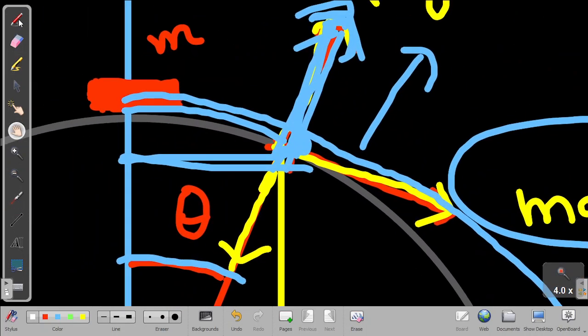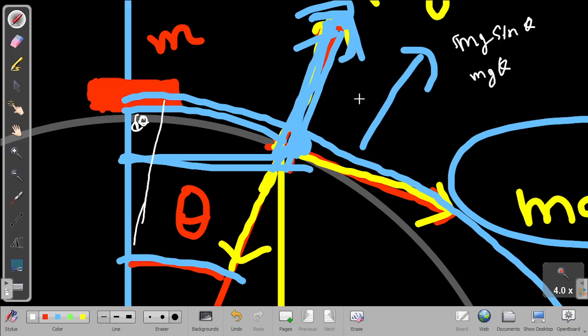When you give just a small d theta, the torque is mg sin theta, but theta is very small, so mg theta. The time you need to go this small distance will be very much larger than the time you need to go this distance. Can you understand?